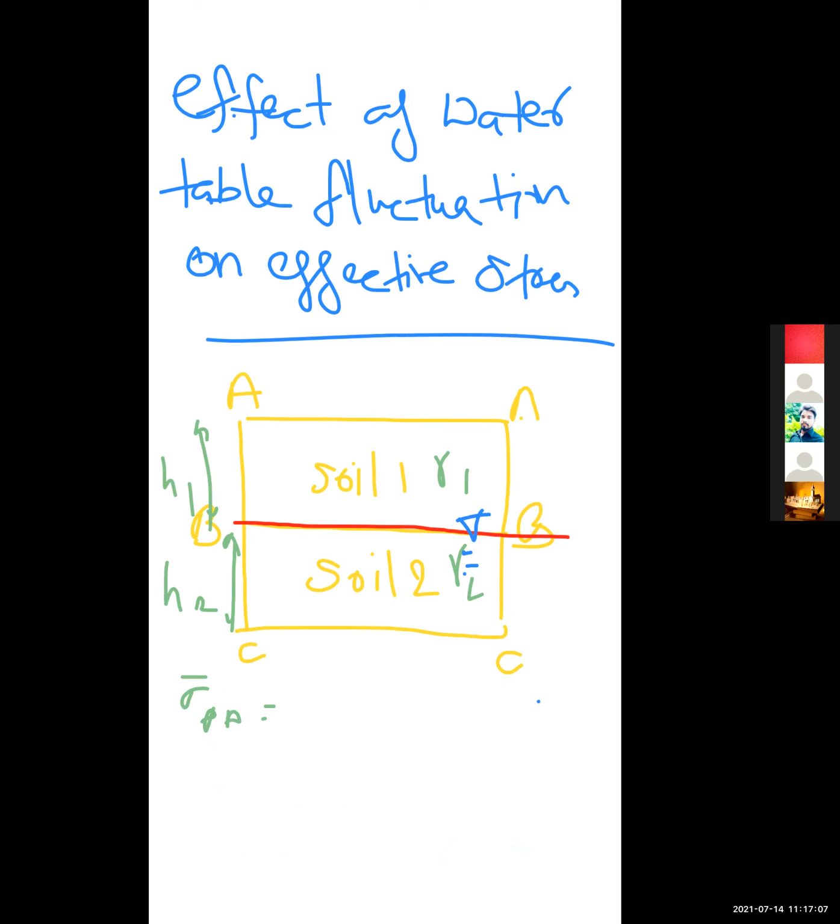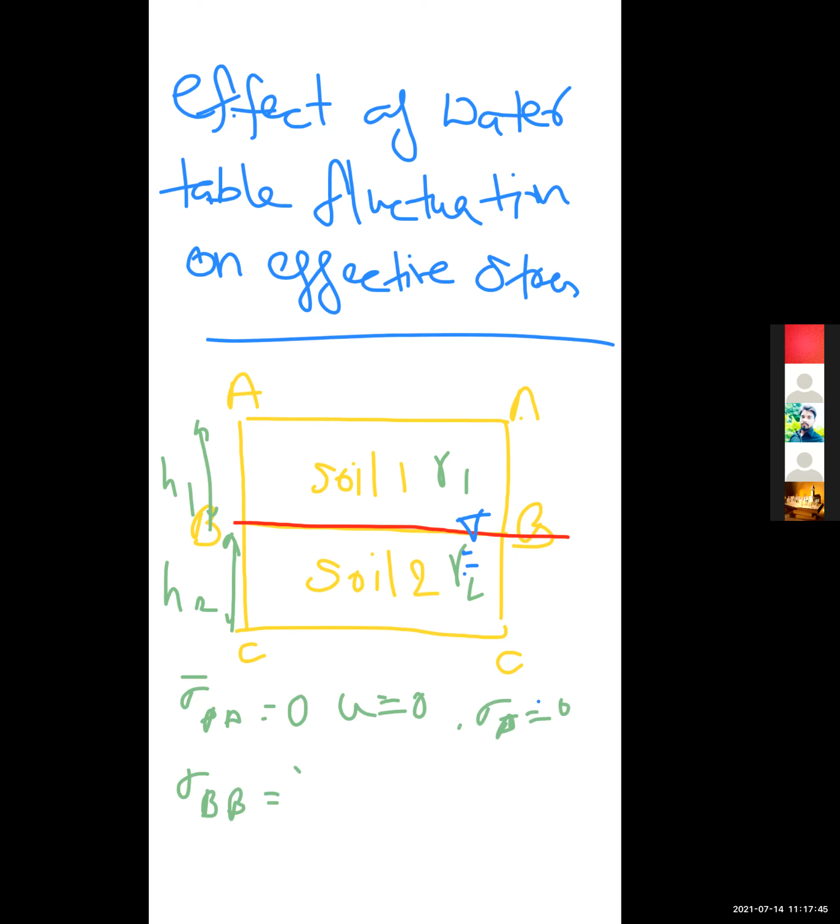Effective stress at AA is again 0. Pore water pressure at AA is again 0, and total stress is also 0 at A. Okay. Now at the BB layer, what is the total stress?